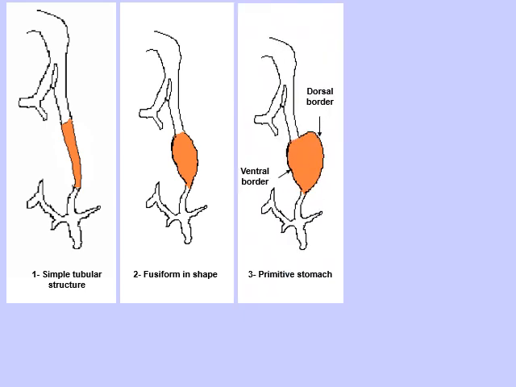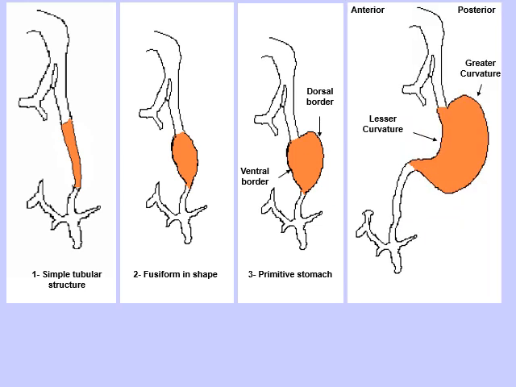Then it forms a dorsal border towards the posterior side and a ventral border towards the anterior side. After that the developing dorsal border will form the greater curvature and the developing ventral border will form the lesser curvature. At first the greater curvature is directed posterior and the lesser curvature directed anterior.